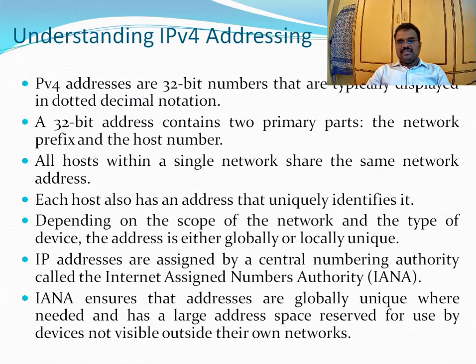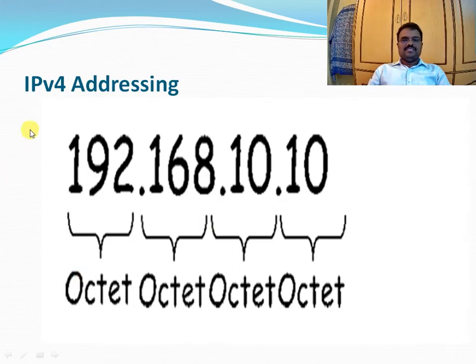So any device, either globally or locally, must be identified with a number, and that numbering scheme is IPv4 addressing, where any device is identified using a 32-bit number addressing scheme. This is one example of IPv4 addressing in dotted decimal notation, a total of 32 bits.